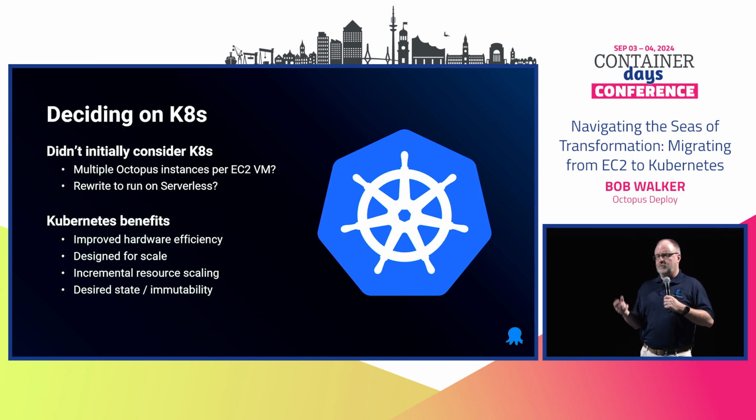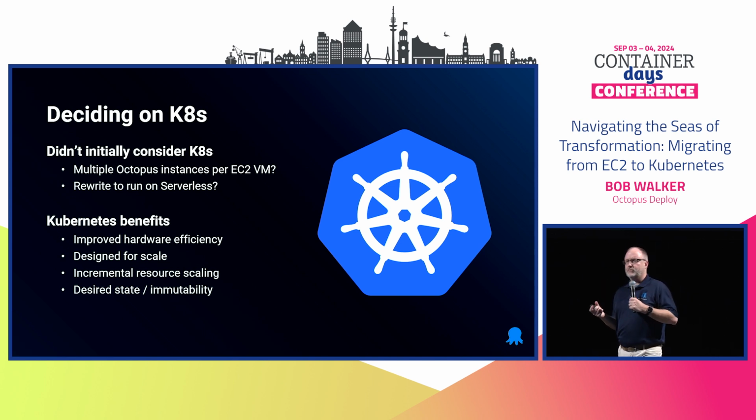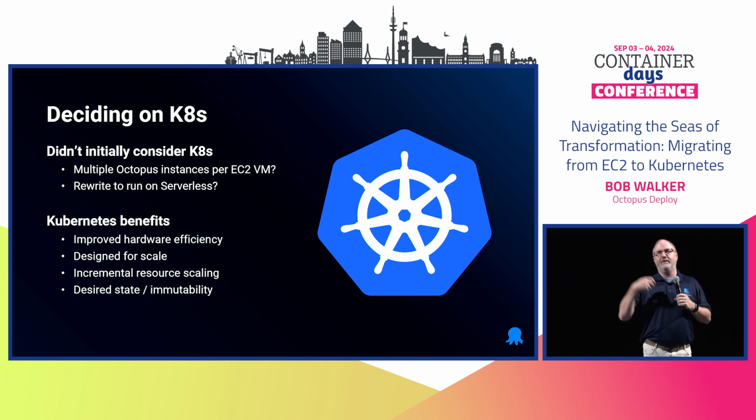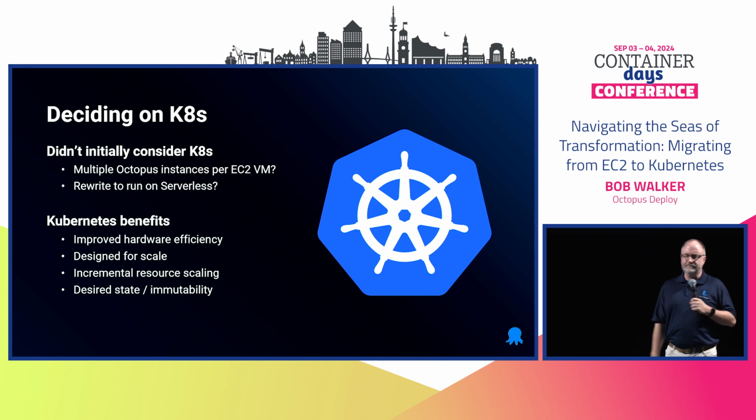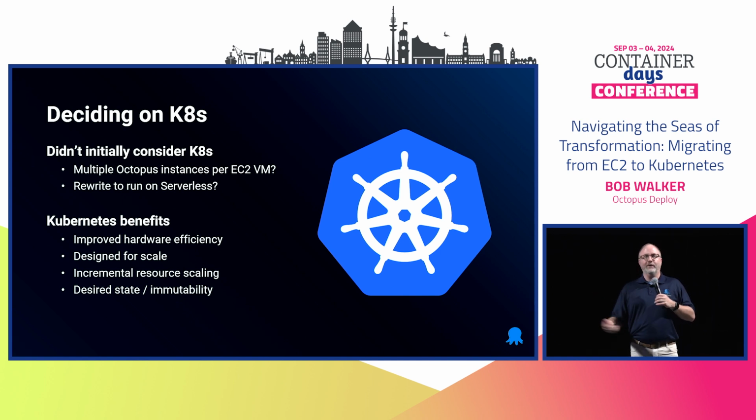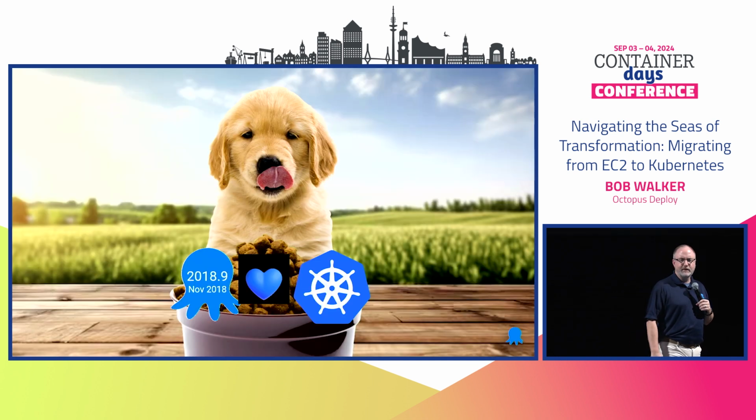We were doing a lot of that immutability already out of the box because anytime we released a new version of Octopus Deploy, we were building new AMIs, and that's what we were rolling out to our customers. We weren't just upgrading the same EC2 virtual machine over and over again. So we were doing a lot of container-like activities, but we weren't using containers at that particular point in time.